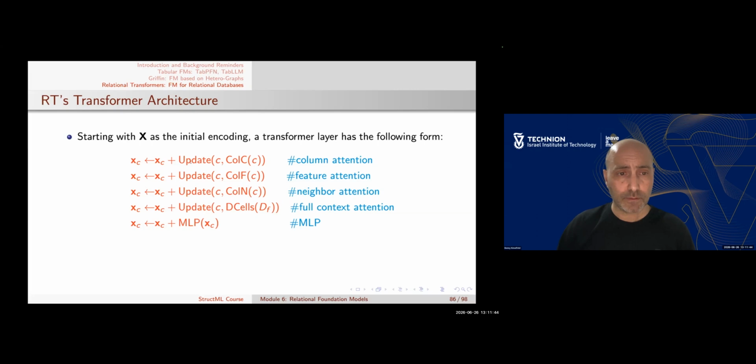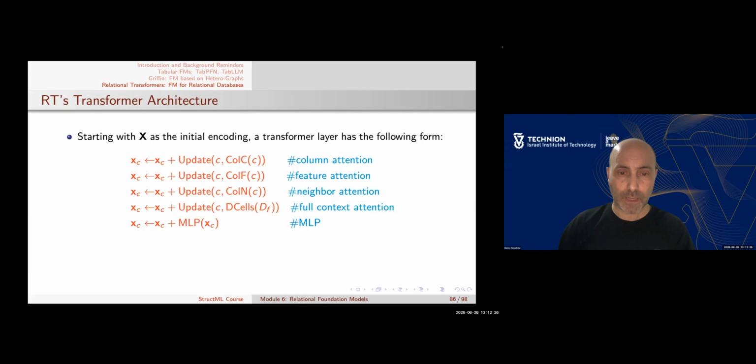We'll see what the update does, but it starts with your original basic representation and then applies an attention to the column, adds an attention to the feature set, attention among the neighbor context, then full attention, all of the cells in DF, and then some final adjustment layer of an MLP of what we got.